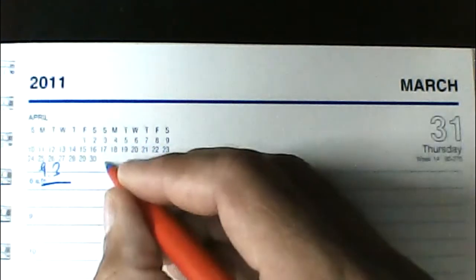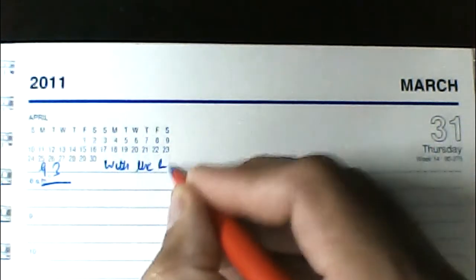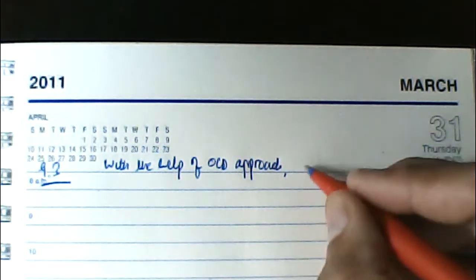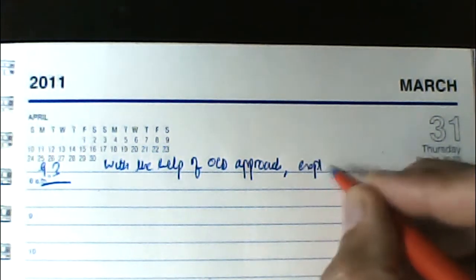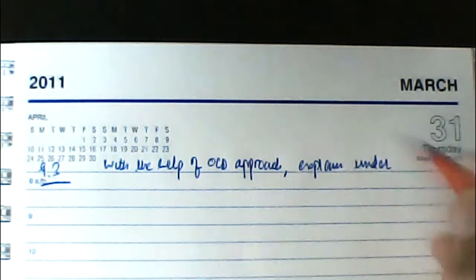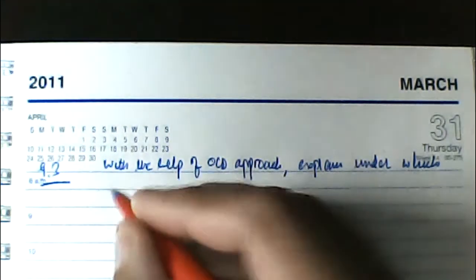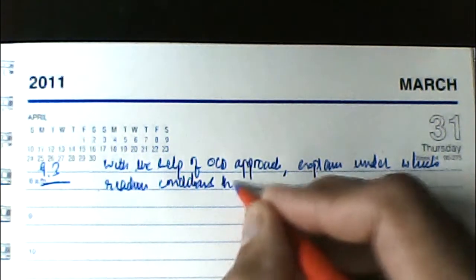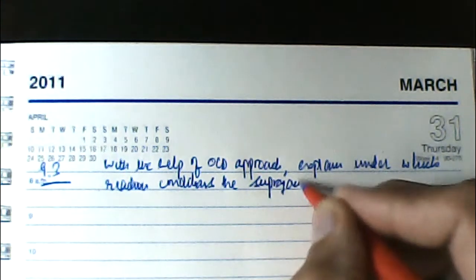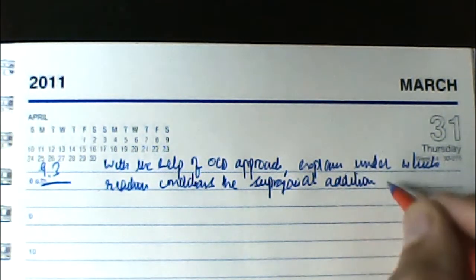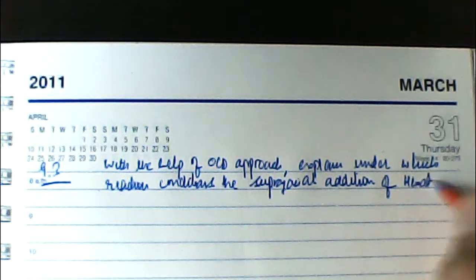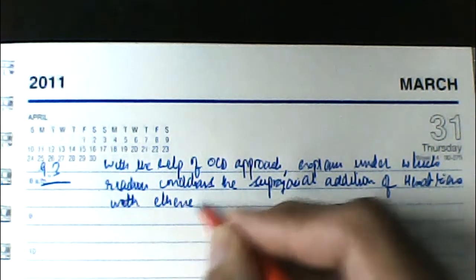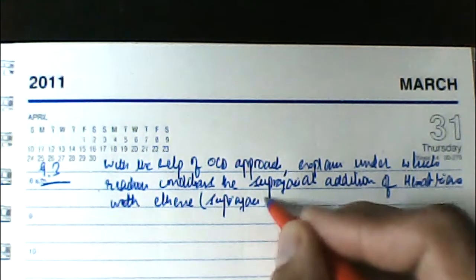The question is: with the help of the OCD approach, the orbital correlation diagram approach, explain under which reaction conditions the suprafacial addition of hexatriene with ethene, again adding in a suprafacial manner, will occur.